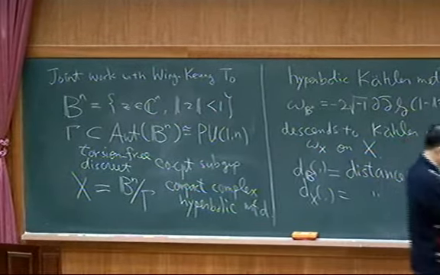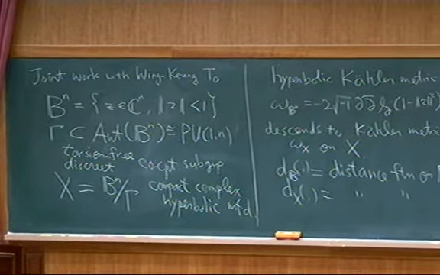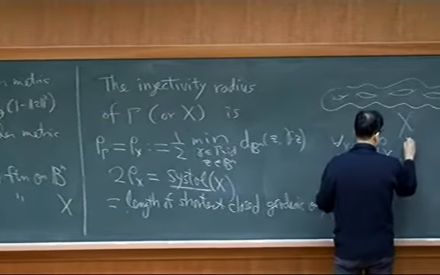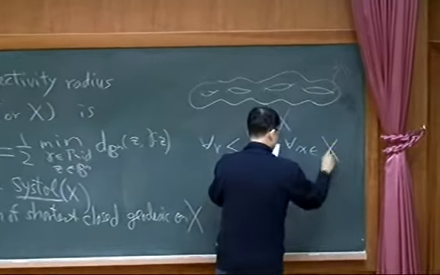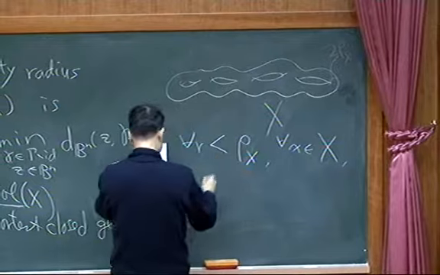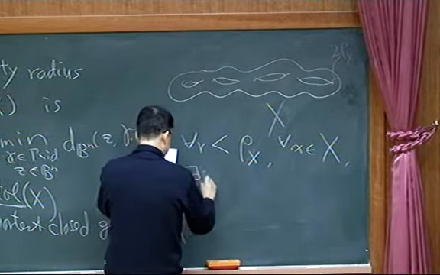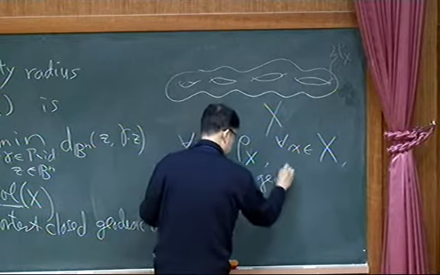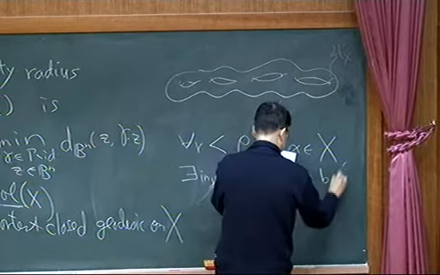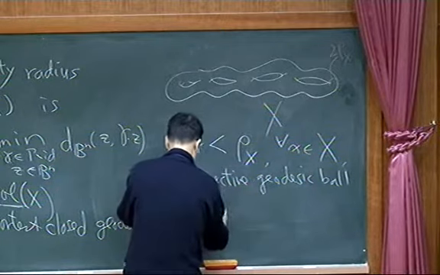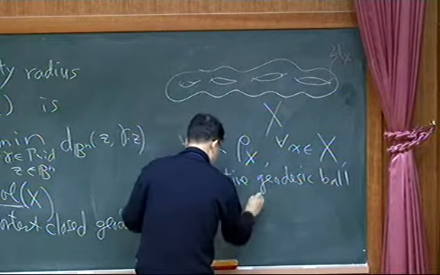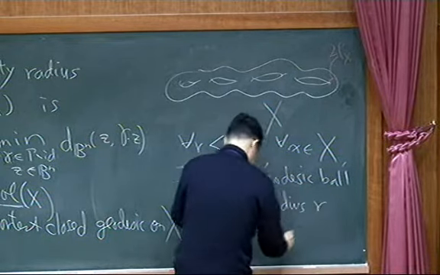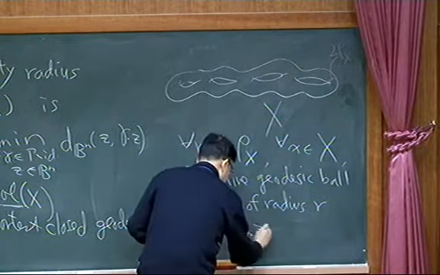And this, of course, means that for all r smaller than log rho_X, and for any point on the hyperbolic manifold, there exists an injective ball P_x(r) of radius r centered at x.